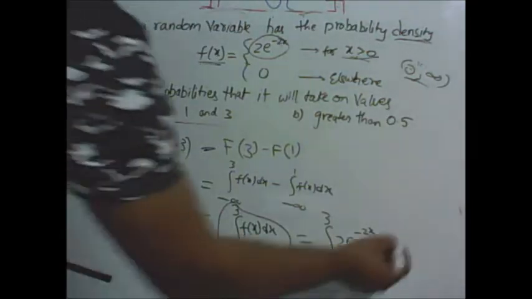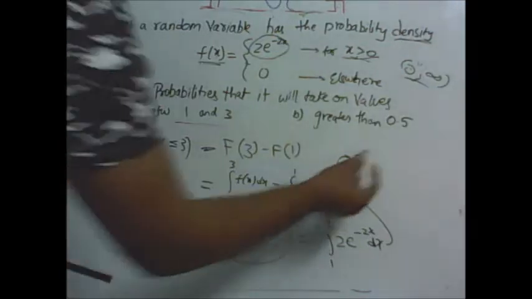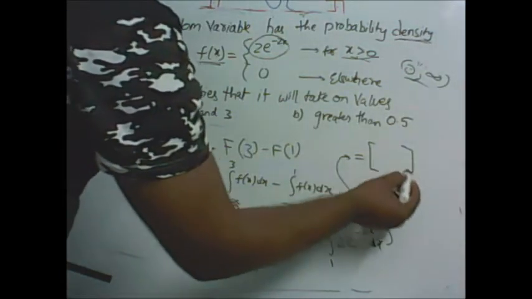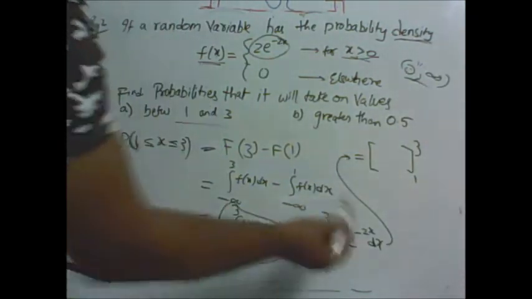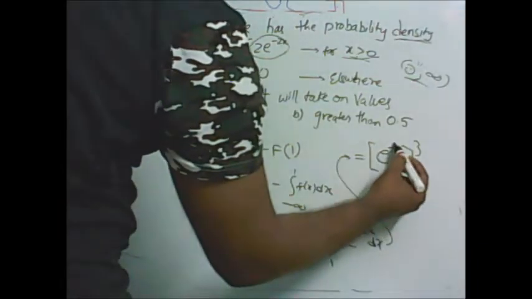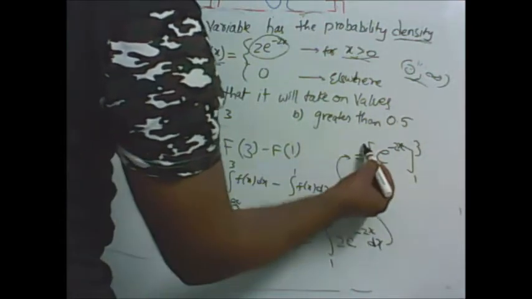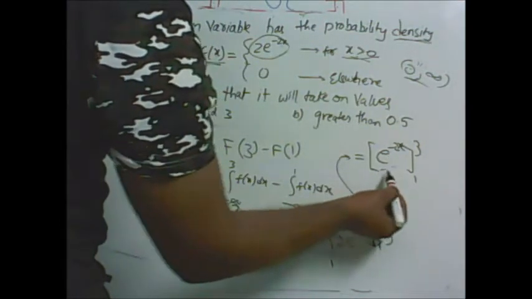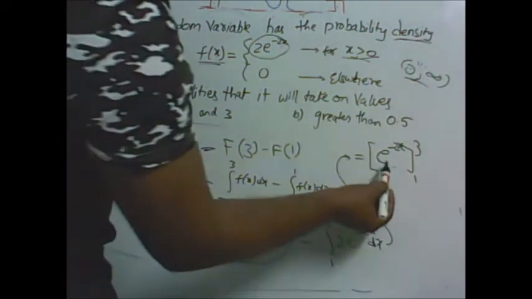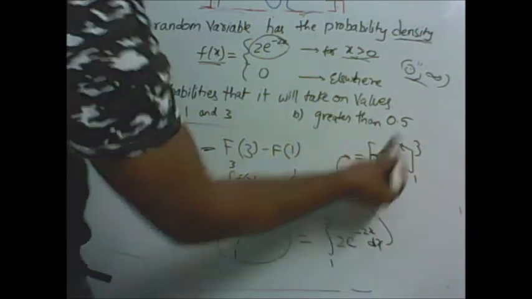When we integrate 2 into e power minus 2x, we get e power minus 2x divided by minus 2, times 2, so the 2s cancel and the result is minus e power minus 2x.